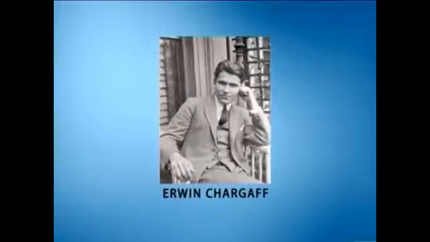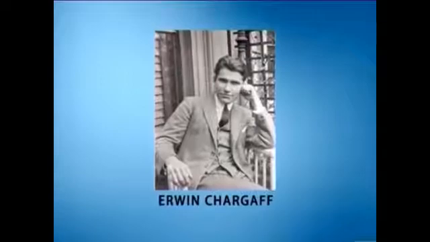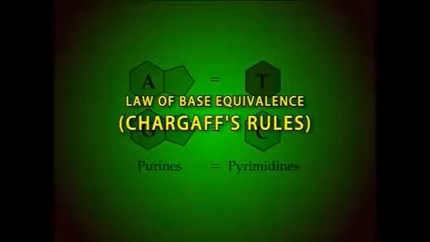Another was the observations on DNA base composition made by Erwin Chargaff, now known as Chargaff's rules or laws of base equivalence. Let us now discuss the law of base equivalence, also known as Chargaff's rules.